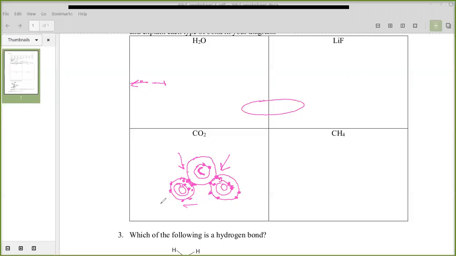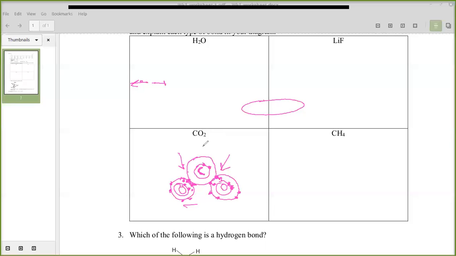What about polar or non-polar? How many of you think polar? Why would it be polar? Why would you say it's non-polar?